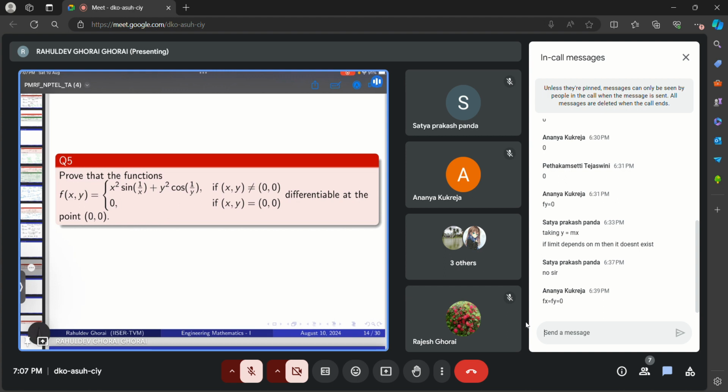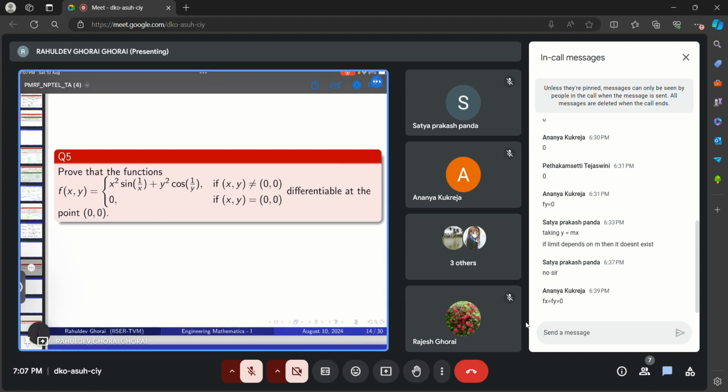What will be the limit? If I write the limit as (x, y) tends to (0, 0) of x square sine 1 by x plus y square cos 1 by y, what will be the limit of this?